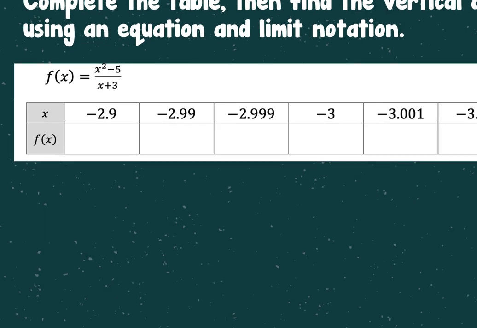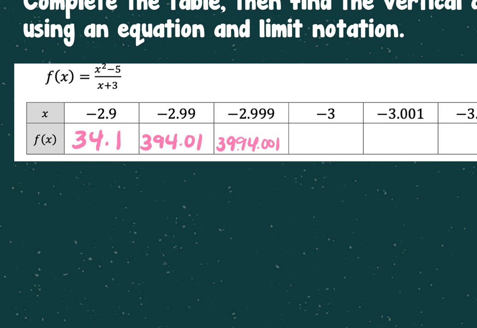You get 34.1. I'm going to repeat it again with -2.99, and I get 394.01. I'm going to do it again, -2.999, 3,994.001.